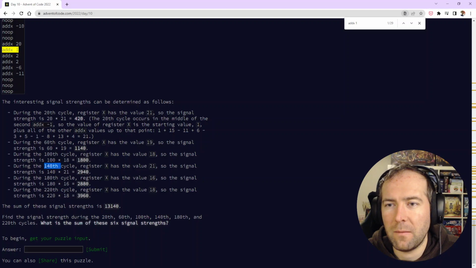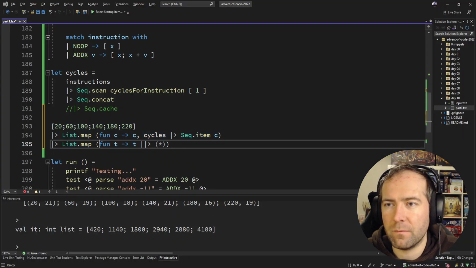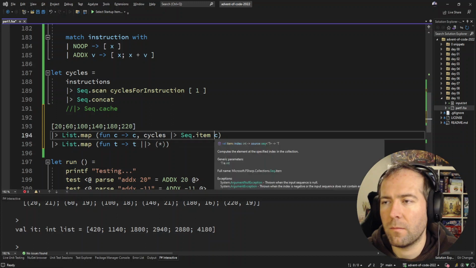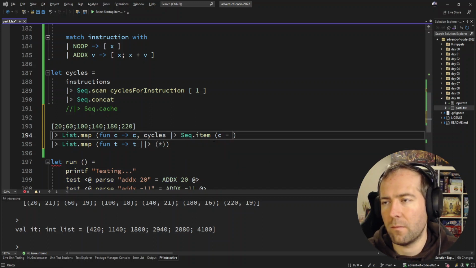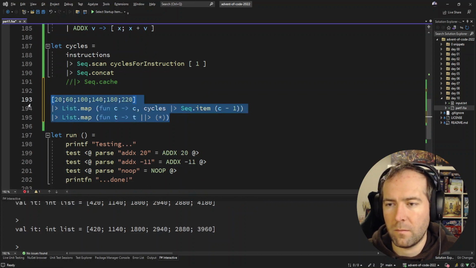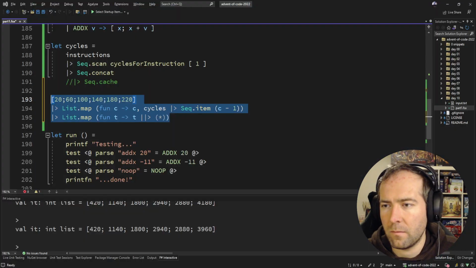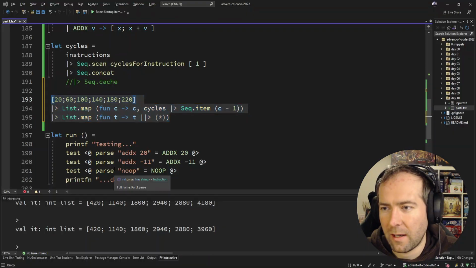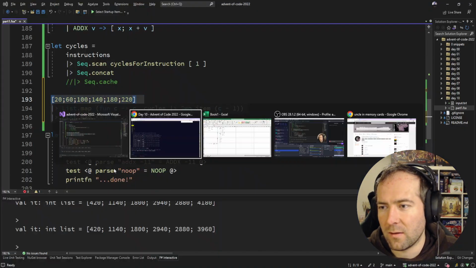I think in my thing, let's try something here. My cycle, if I have a value at a cycle, it's not during, it's after. I think this is lining up, right? Yeah, this is lining up.